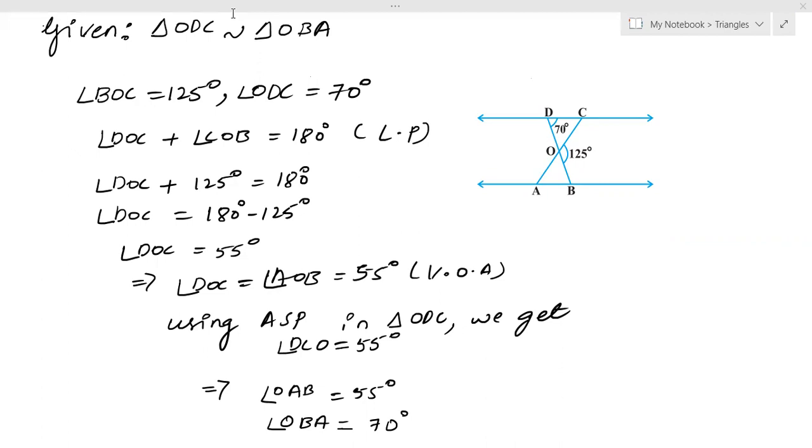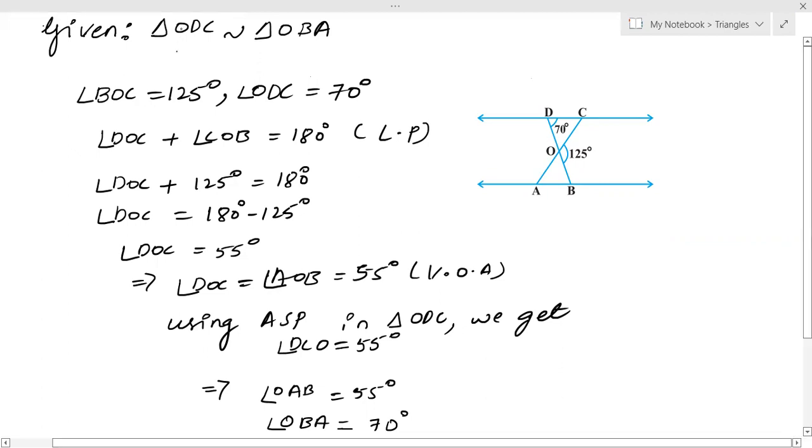Now, whenever we write two triangles are similar, we write in such a way that the corresponding angles are equal, meaning the first letter O will be equal to O, meaning angle O will be equal to angle O. We always write it in this fashion, and D will be equal to B and C will be equal to A. This angle C will be equal to A and this angle B will be equal to this D.